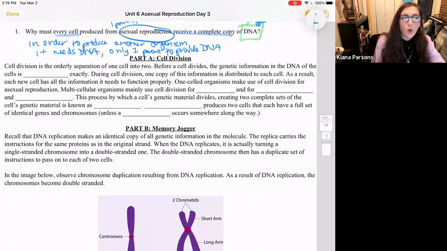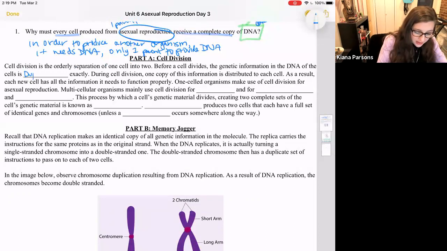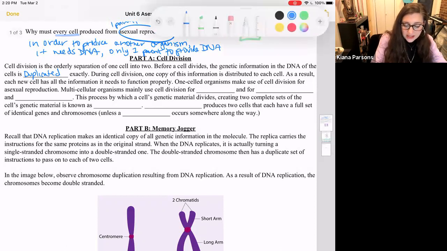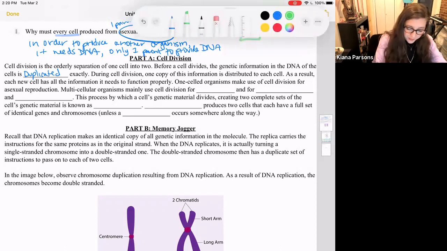So part A, cell division. Cell division is the orderly separation of one cell into two. Before a cell divides, the genetic information in the DNA of the cells is duplicated or copied exactly. During cell division, one copy of this information is distributed to each cell.